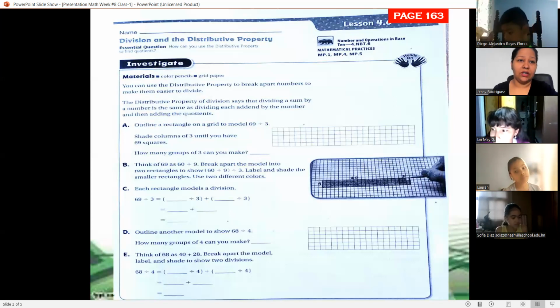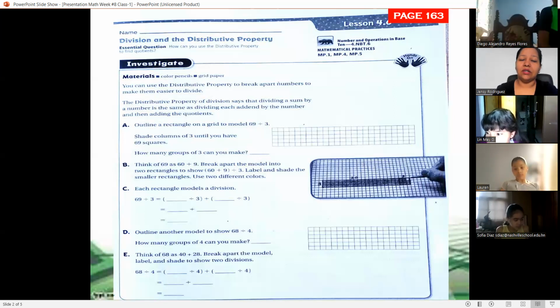Here we go. It says, outline a rectangle or a grid to model 69 divided by 3. So it means that we already have the rectangle here in the book, and we are dividing 69 by 3.